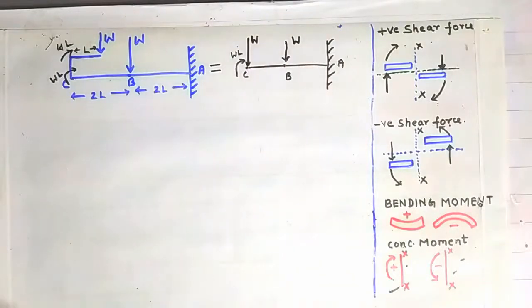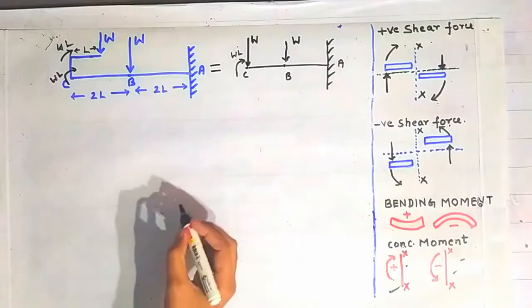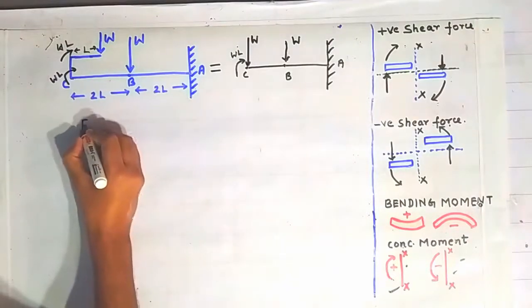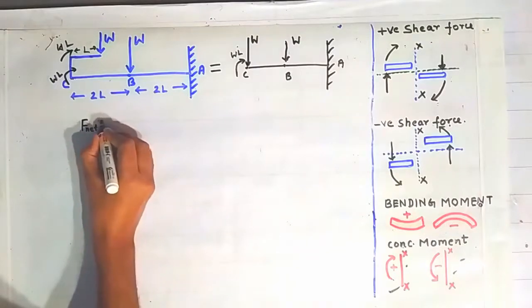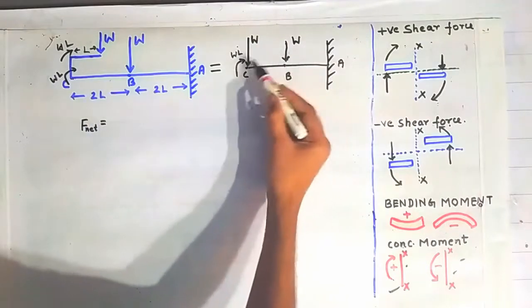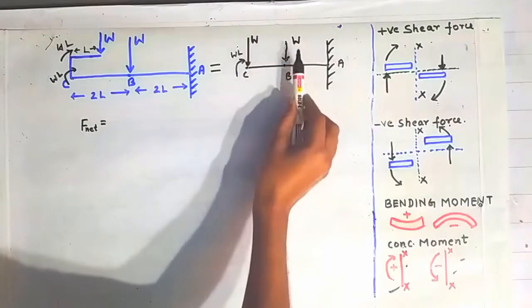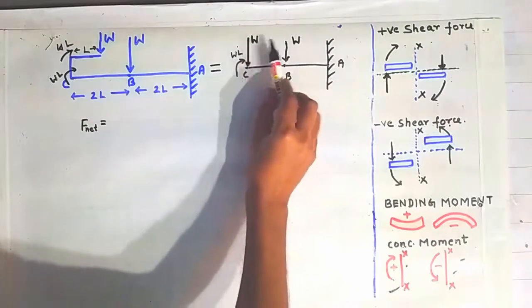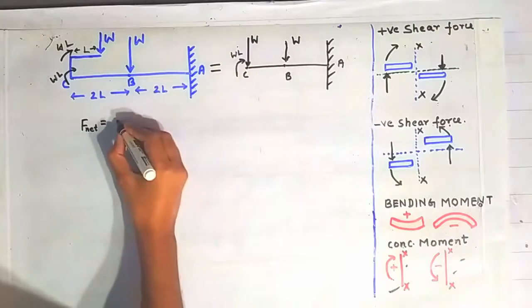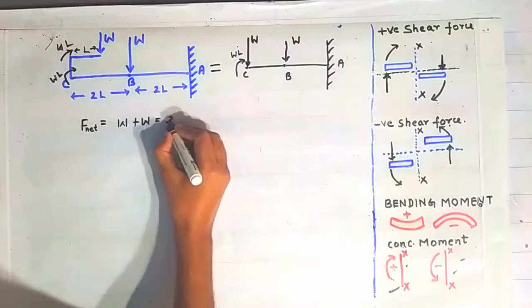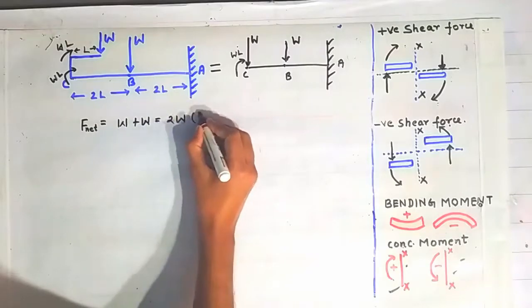Now let us look at how we will do that. Now first thing is determining the net force that is acting over this cantilever beam. So the net external force acting over this cantilever beam are these two loads only. That is the vertical force we have to look at. So these two vertical loads are acting. So W plus W will give us 2W in downward direction.